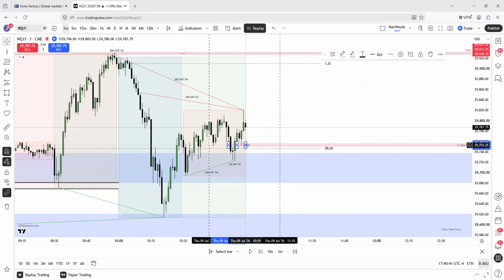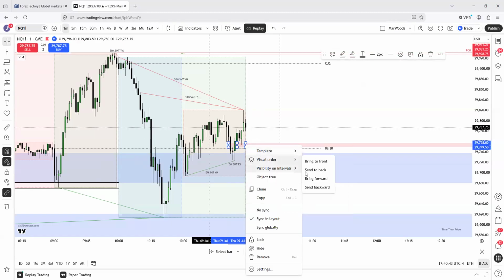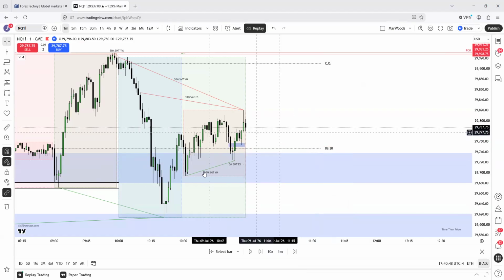That's telling us we have a change of state in delivery, confirming that SMT. It's confirming that this is the low being put into the market, and this is happening during the time of interest, during the macro.